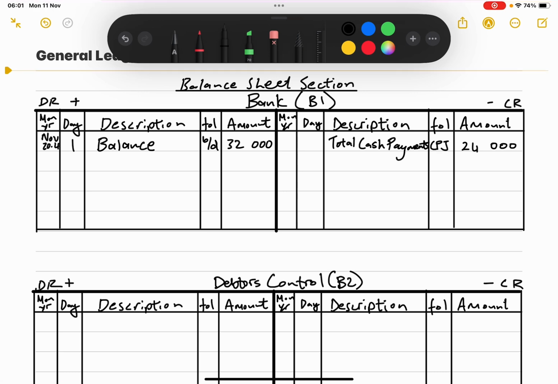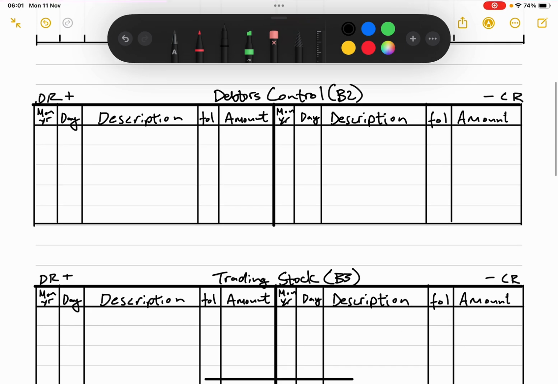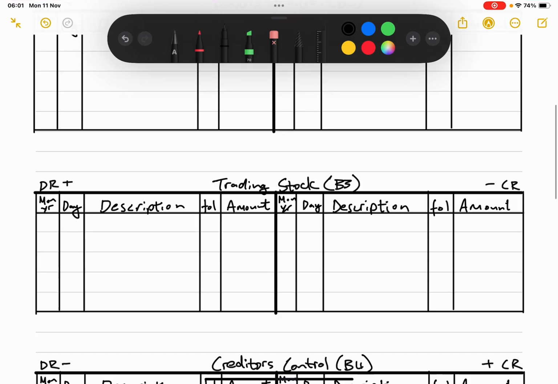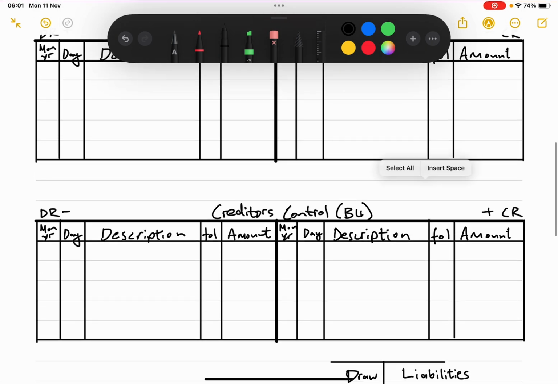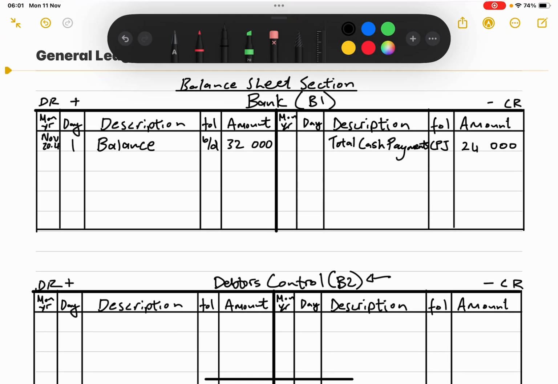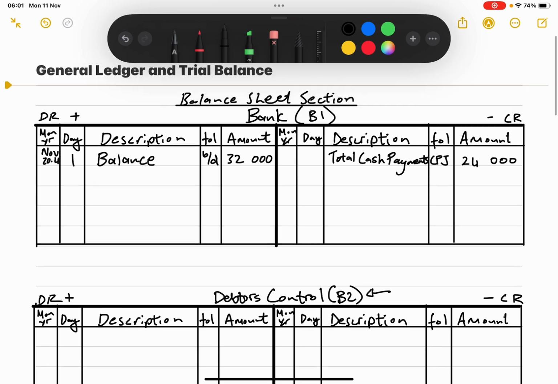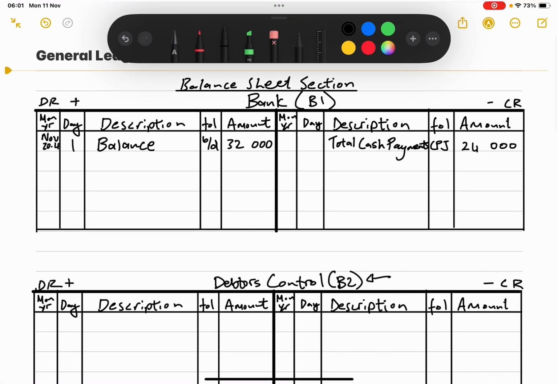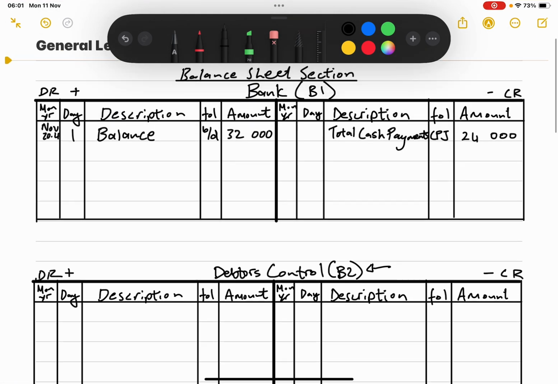This B1 and then B2, I'm talking about this stuff here, is basically your folio. So that's your folio. I don't know if they've taught you that. If they've not taught you that, we learned that in grade 9, and they were very serious about it. So I don't know if that's the same with you guys, but it's basically just how you reference different accounts in your general ledger.